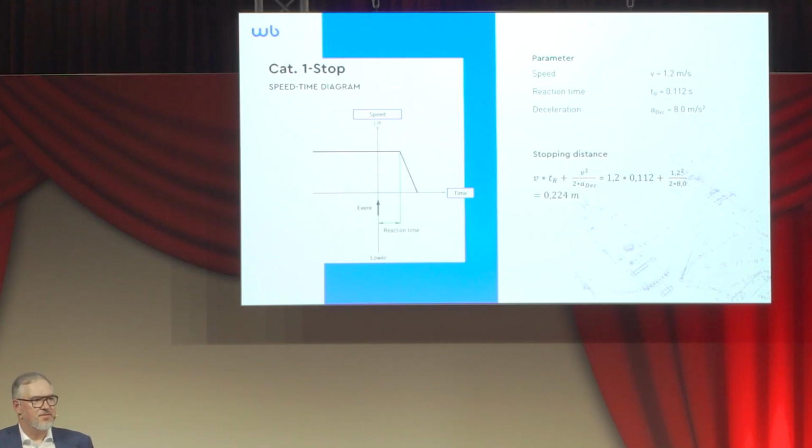So for any kind of errors or safety functions that use a safe stop 1 or safe stop 2 as the reaction to the safety trip, this distance would be similar.